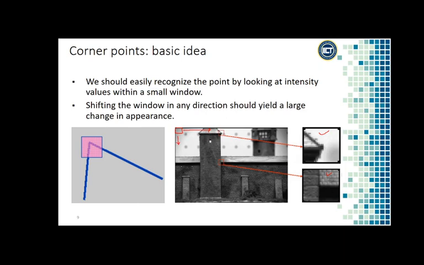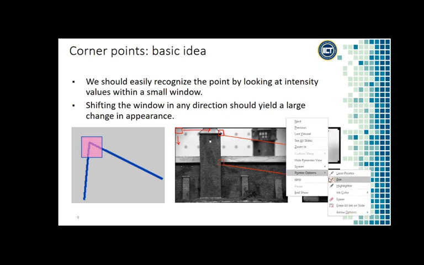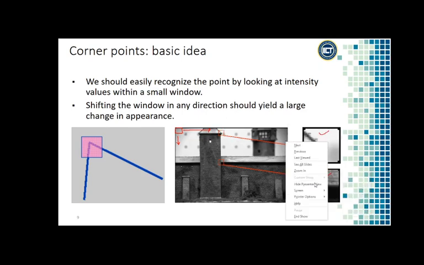So when this window occurs at this position, it will say that this patch exactly matches what I am looking for, because this is a distinctive point and you cannot find the same point anywhere else.